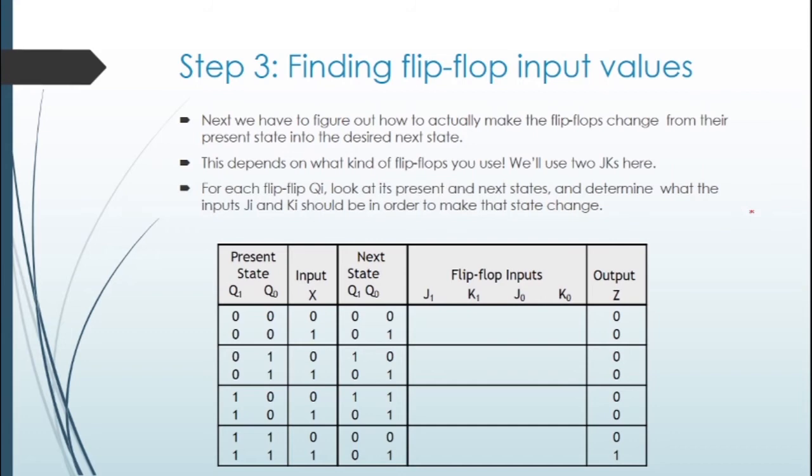We can have a JK flip-flop, a D flip-flop, or a T flip-flop. Every flip-flop has its own advantages. So let's see why we use a JK flip-flop and how it works.